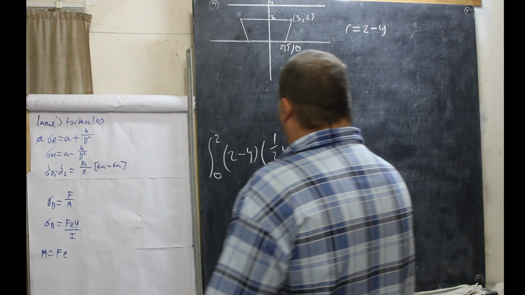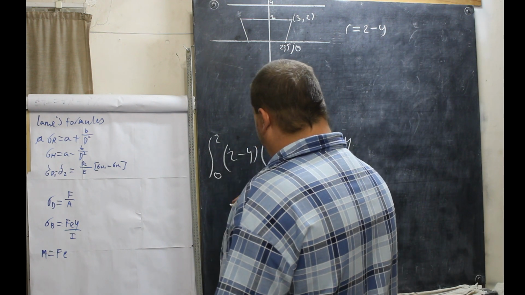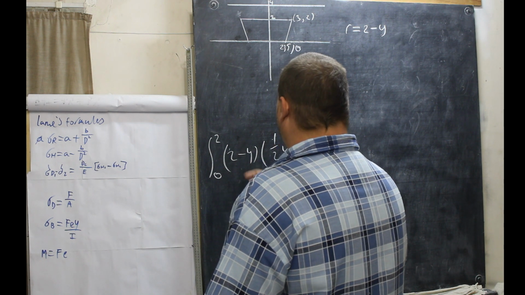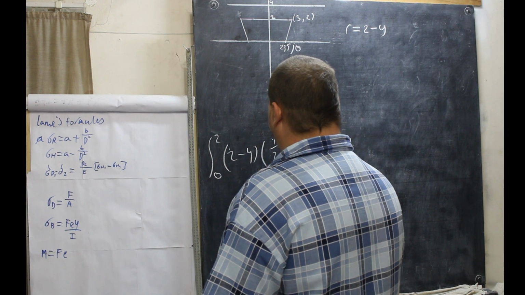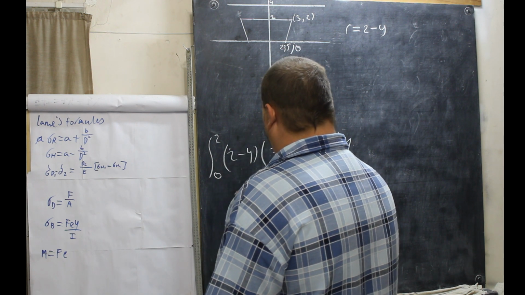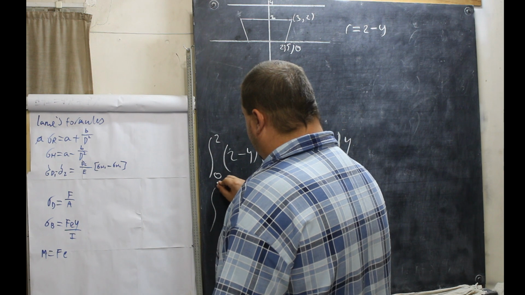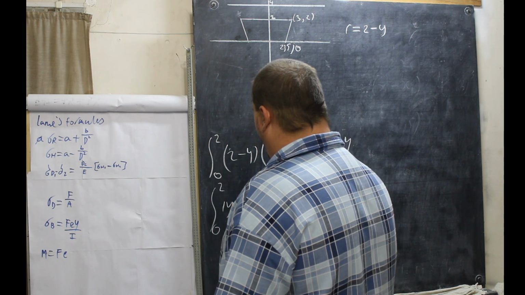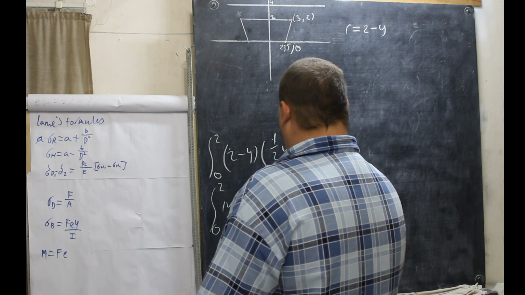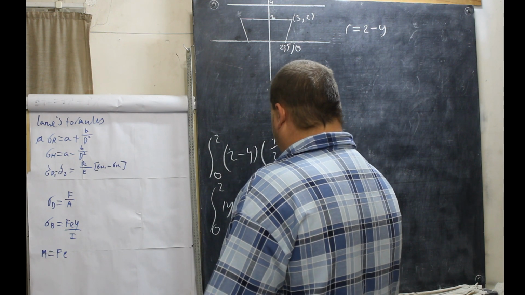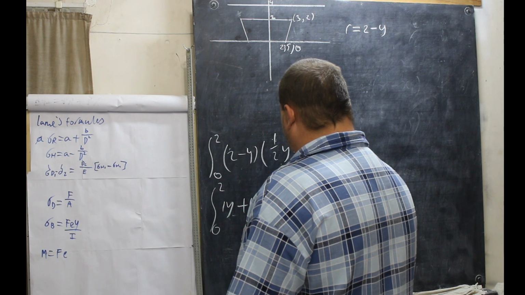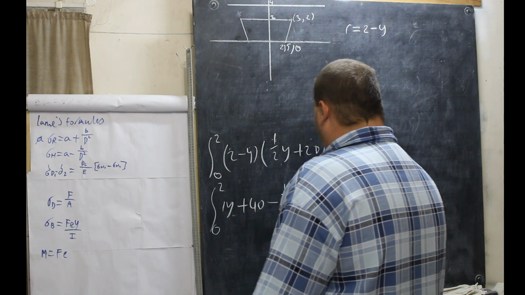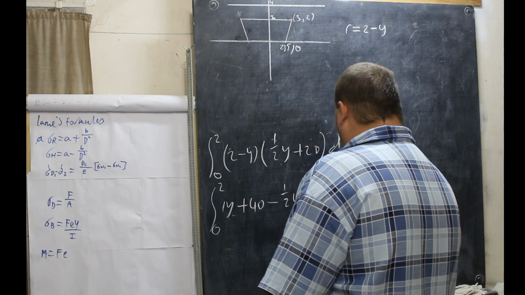So now what we need to do is take 2 times a half. Let's multiply these in. We FOIL now. So 2 times a half is 1, so the integral of 2 and 0, it's 1y. 2 times 20 is plus 40. Minus y times that is minus a half y squared, minus 20y.